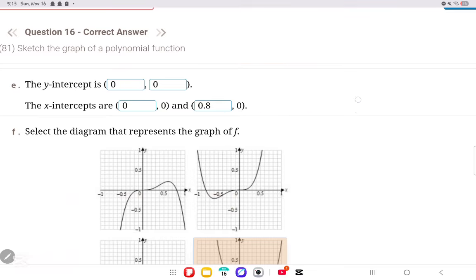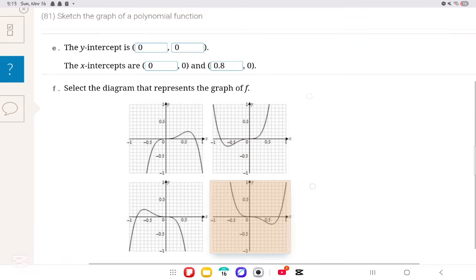Now what do I need to do? First of all, I look at my x and y-intercept. My y-intercept is at 0, 0. So it needs to be here, here, here, and here. All of them have it. My x-intercepts are 0, 0 and 0.8, 0. So where is 0.8, 0? Here is 0.8, and here is 0.8.